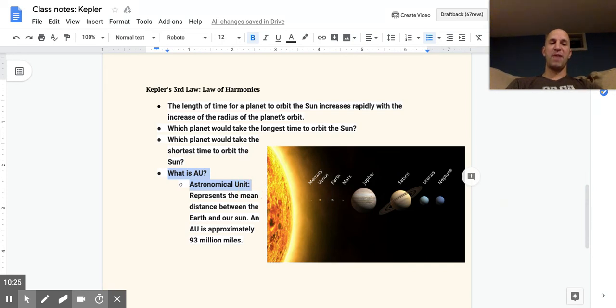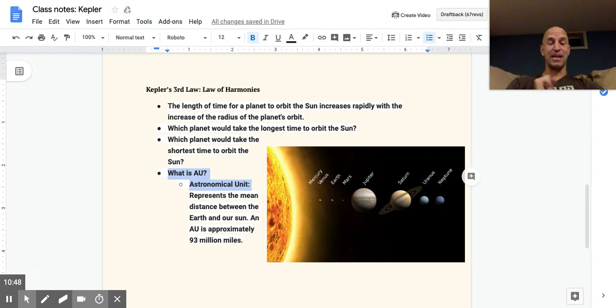And what that means, it's pretty easy. It's the mean distance between the Earth and our sun. So it's the distance from our Earth right here to the sun. So that distance is approximately 93 million miles. All right. So from our sun to our Earth, 93 million miles.